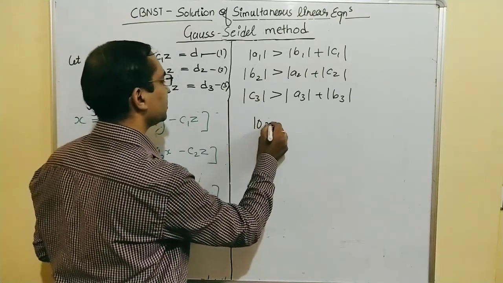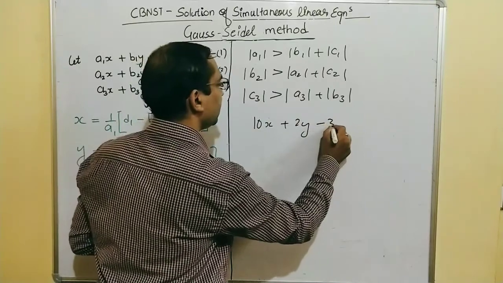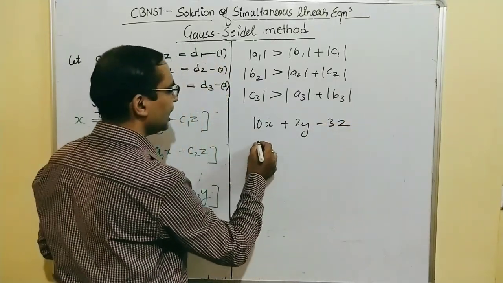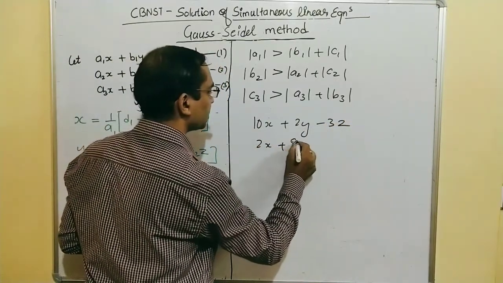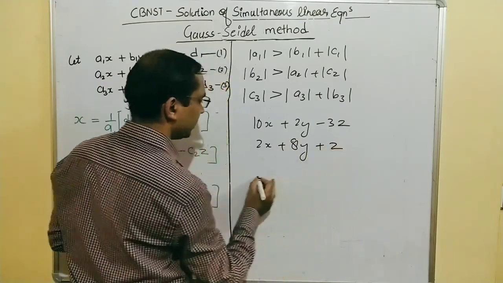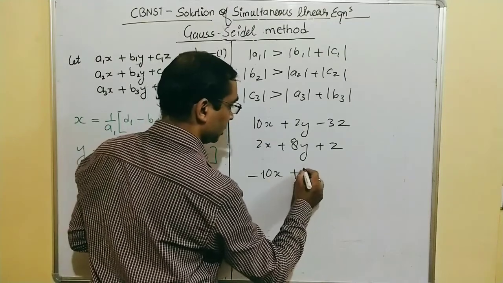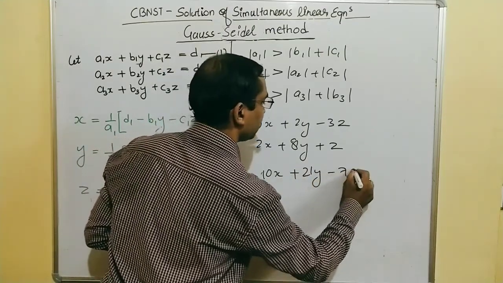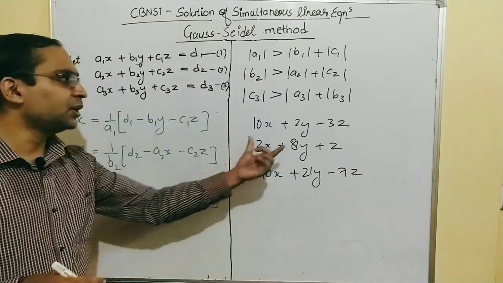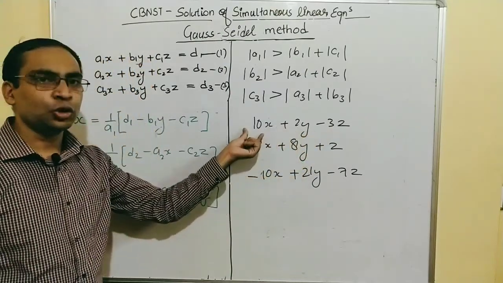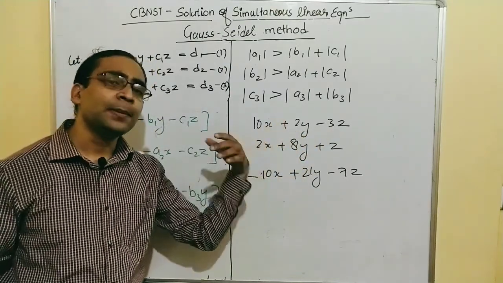Let's say this is 10x plus 2y minus 3z, and 2x plus 8y plus z, and minus 10x plus 21y minus 7z. In the first equation, this 10 should dominate. We have to take the absolute values only.